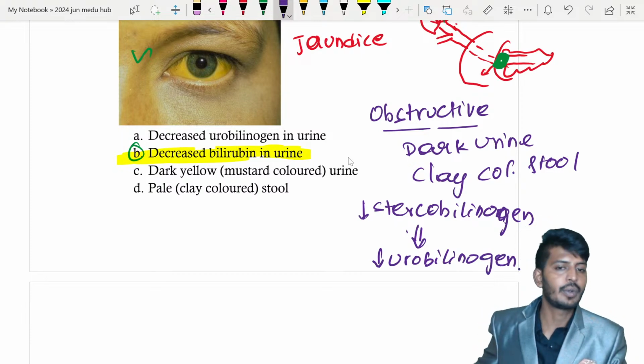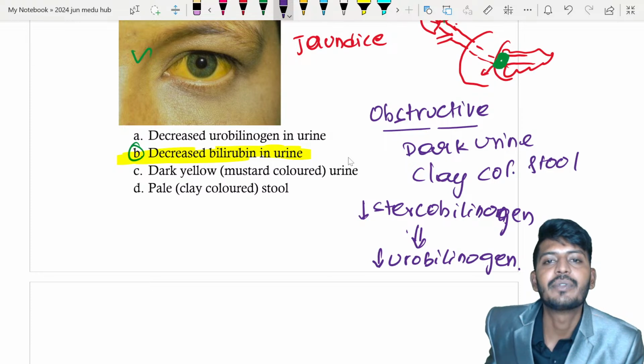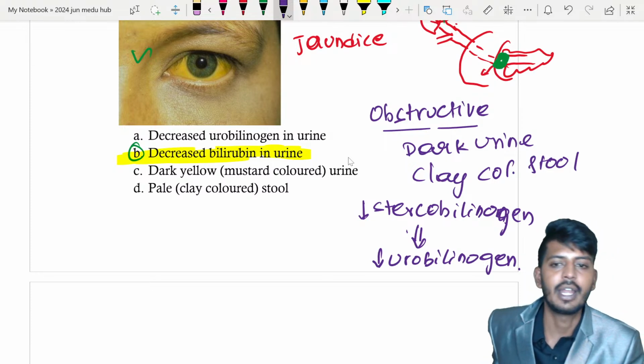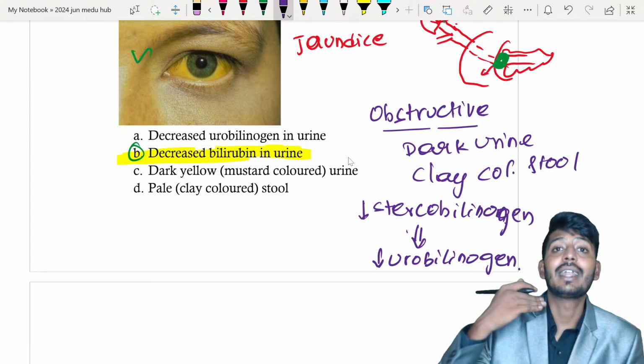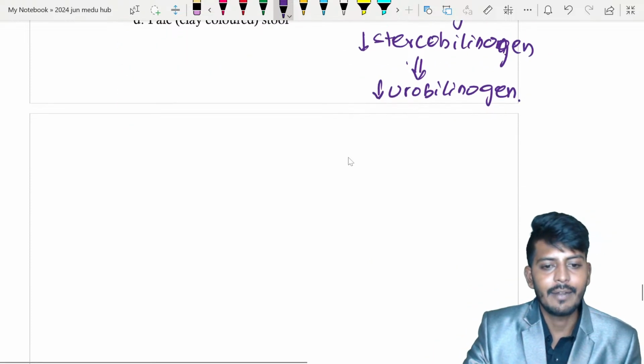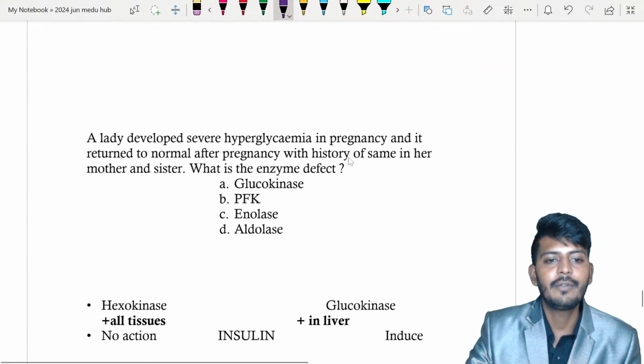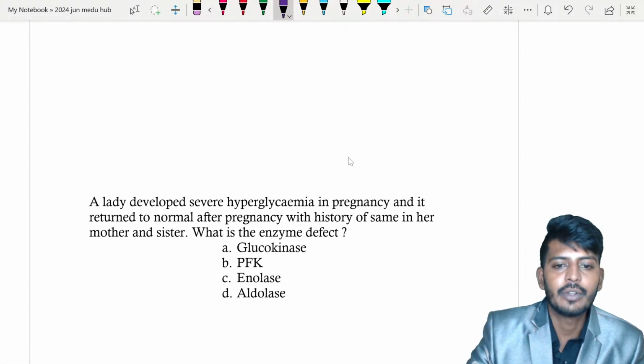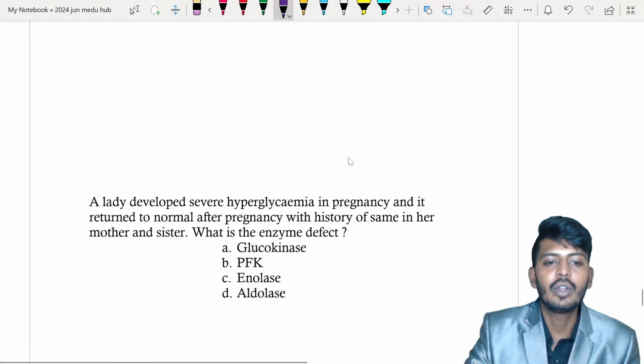This is the story of your obstructive jaundice. In hemolytic jaundice, unconjugated bilirubin will be elevated. That is the story of your bilirubin. So let's go to the next important question.